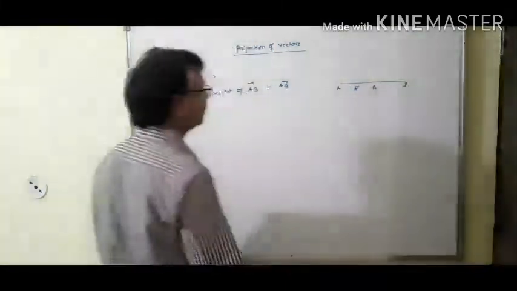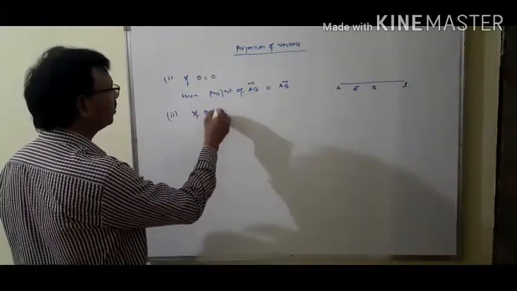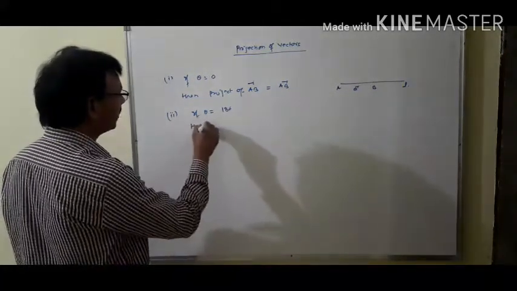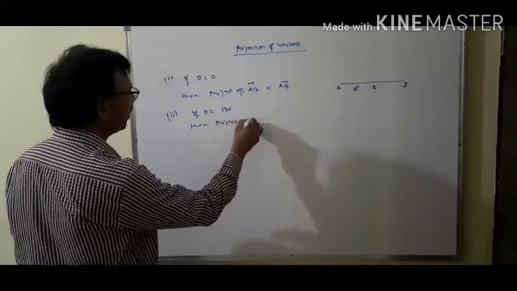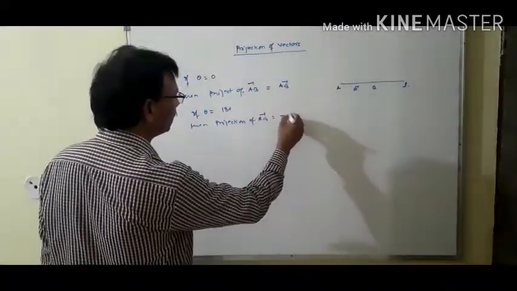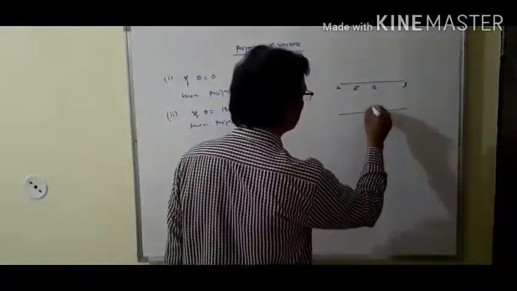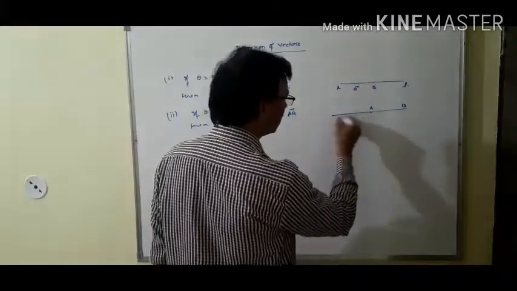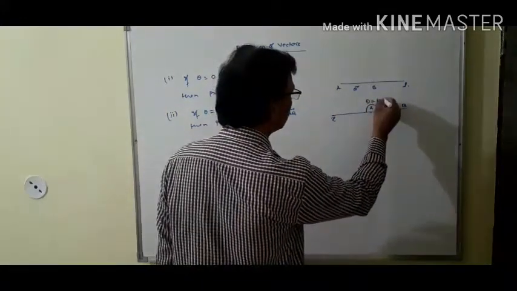This is the line L. In the second situation, if theta equals 180 degree, then projection of AB will be minus AB. Suppose this is A and this is B, then this will be minus AB, meaning in this direction. This is theta equal to 180 degree.